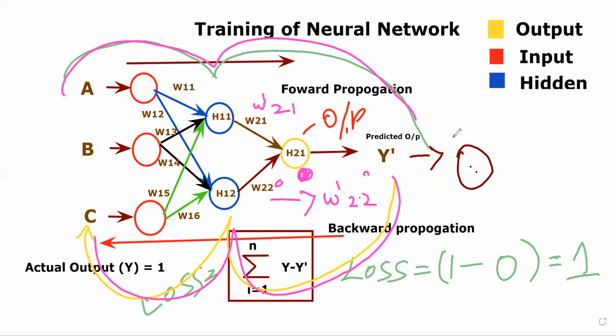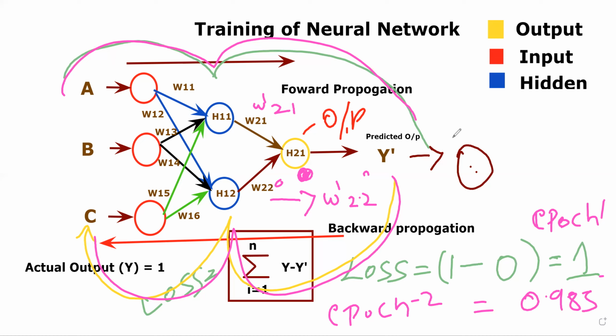Again we will be calculating the loss. This first iteration we will be calling an epoch. In epoch 1 we got the loss function as 1. In epoch 2 we will be getting something around 0.985. So there is some difference between loss 1 and loss 2, right?